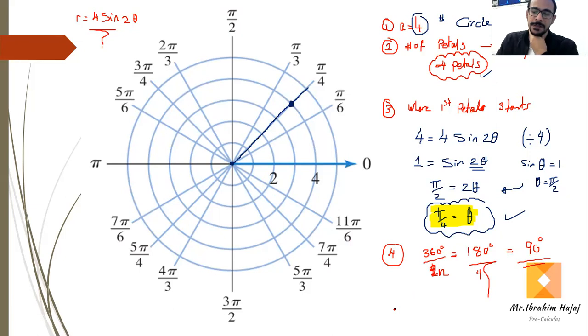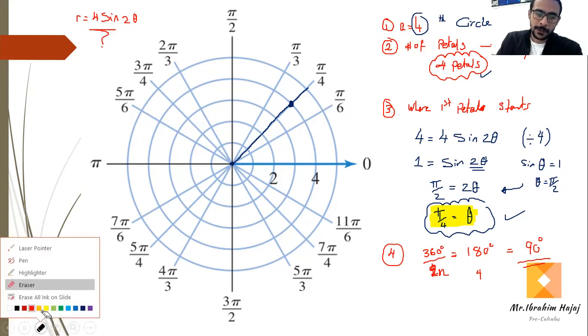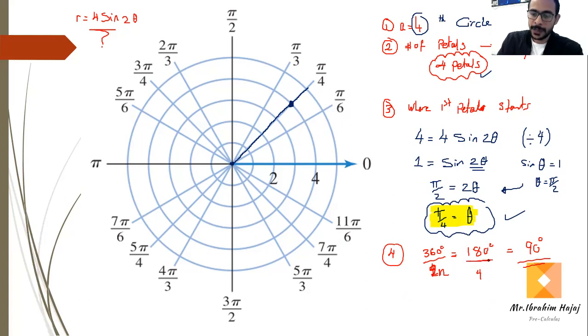Your formula is pi over 2n, or 360 over n. Yes, are you sure, guys? The rule we wrote before is 360 over n, or you may find another rule, pi over 2n, which is 180 over 4.